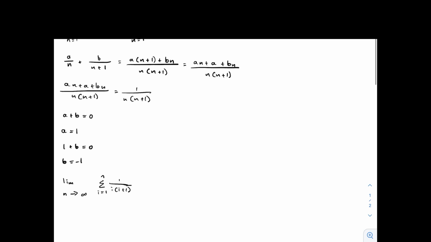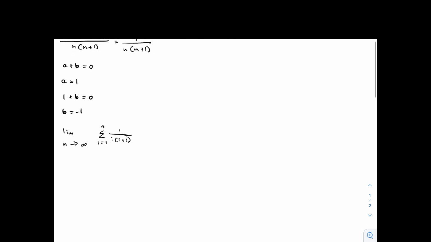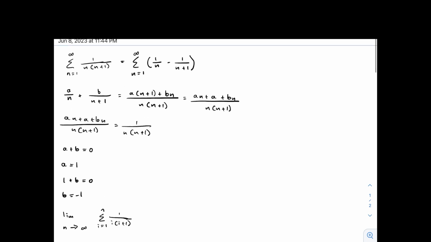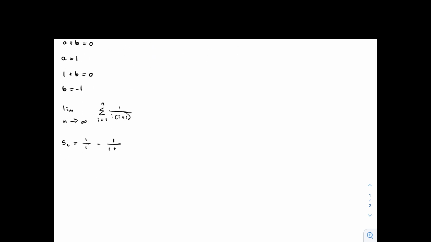With this idea in mind, I'll consider the first partial sum. The first partial sum is given to us by 1 over 1 minus 1 over 1 plus 1, which becomes 1 minus 1 half.